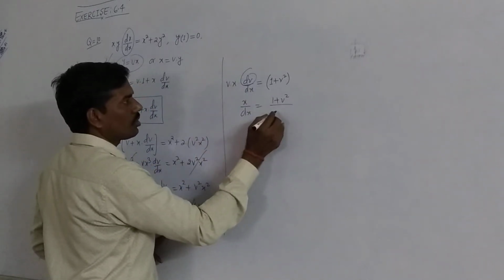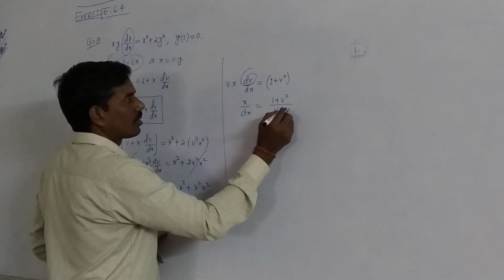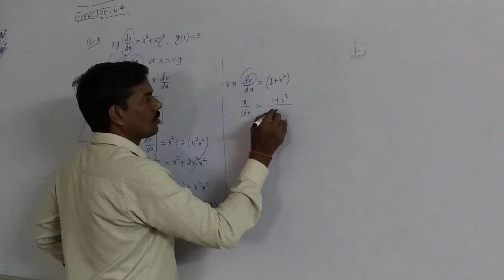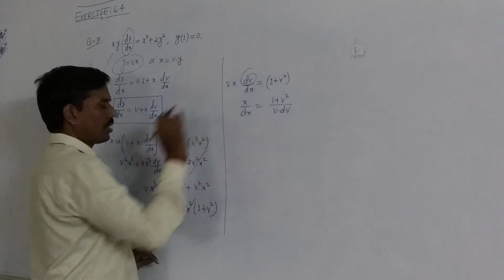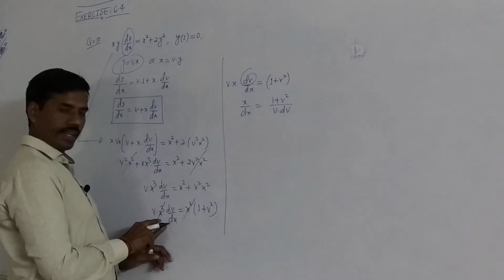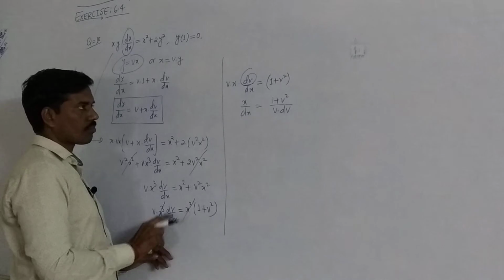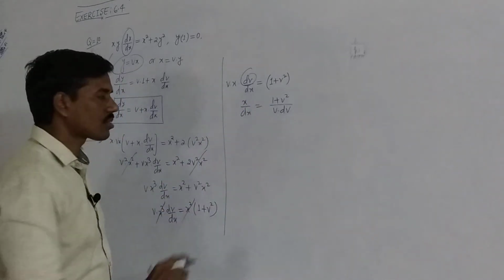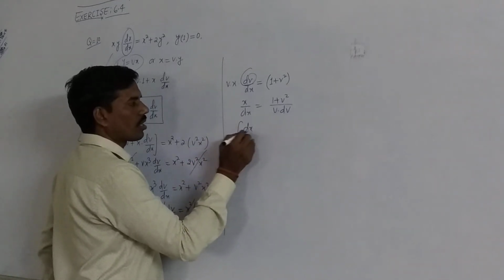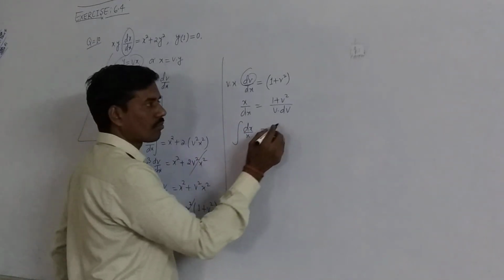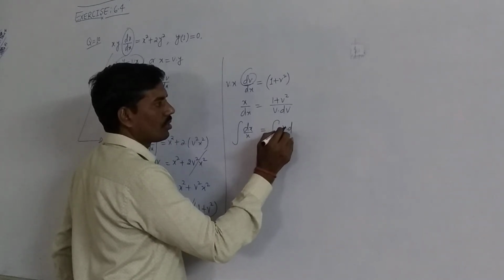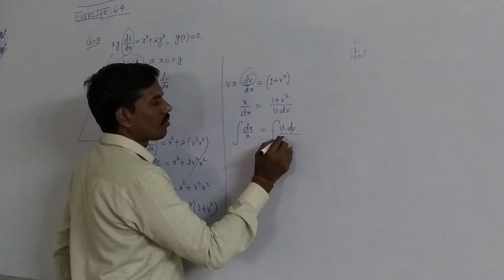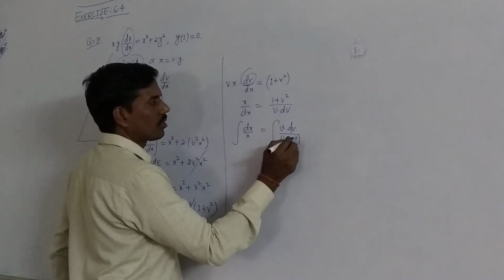Inverting the given fraction, we get dx upon x, and taking integration of both the sides, v dv upon 1 plus v square.